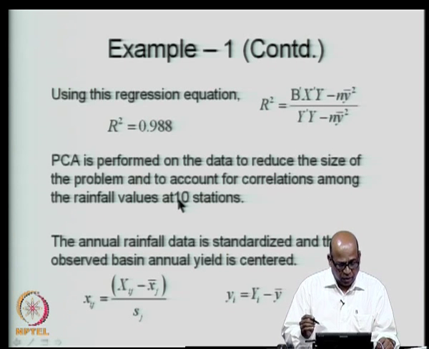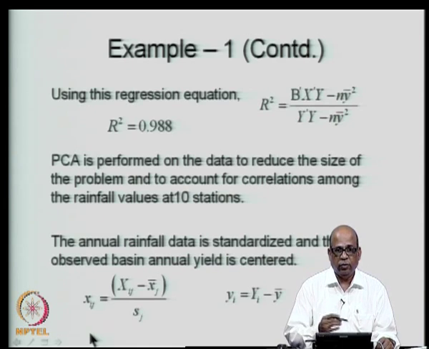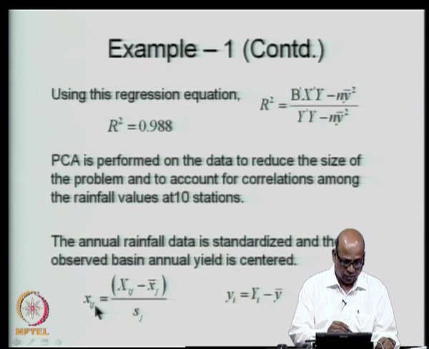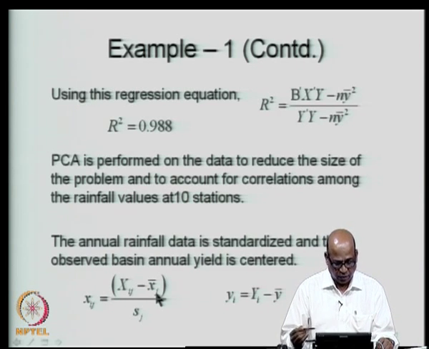Okay, to do that, then we have 10 stations and we have observations going from i equal to 1 to 19 in this particular case. So, 19 years of data at 10 stations. So, that data x i j, we deduct x bar j at the jth station, you take out the mean of that jth station data and divide it by the standard deviation of the jth station data.